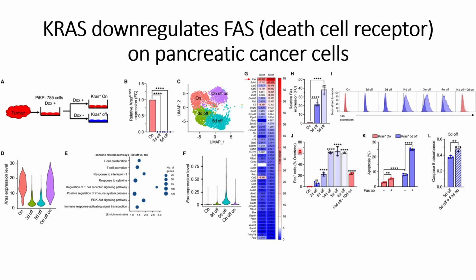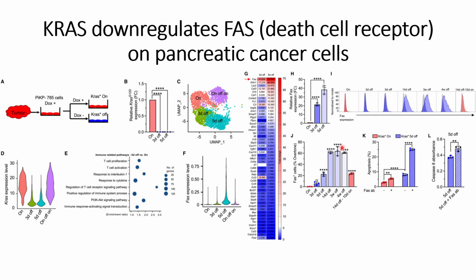This was further validated in panel J, which shows multiple replicate analysis: after 14 days it reaches its peak, which continues till 4 weeks. After that, if they start KRAS expression using doxycycline treatment, the FAS receptors go down.